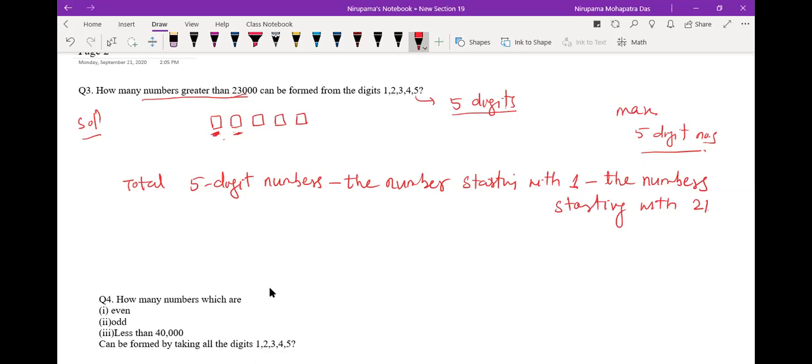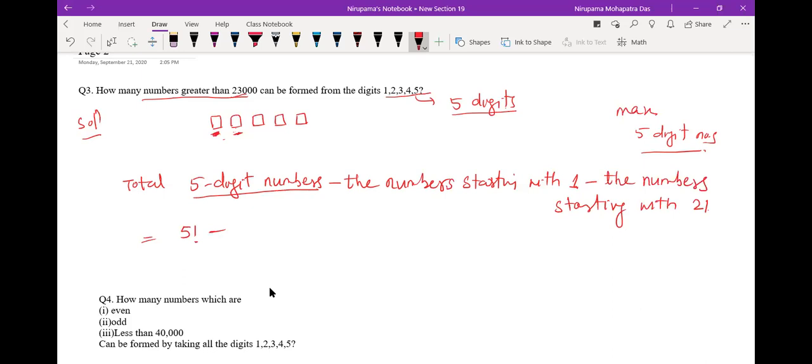So now, total 5 digit numbers minus the numbers starting with 1. First, how many 5 digit numbers can be formed? You have 5 digits, 1, 2, 3, 4, 5, and 5 places. So obviously the number of 5 digit numbers will be factorial 5. Now minus the numbers starting with 1.